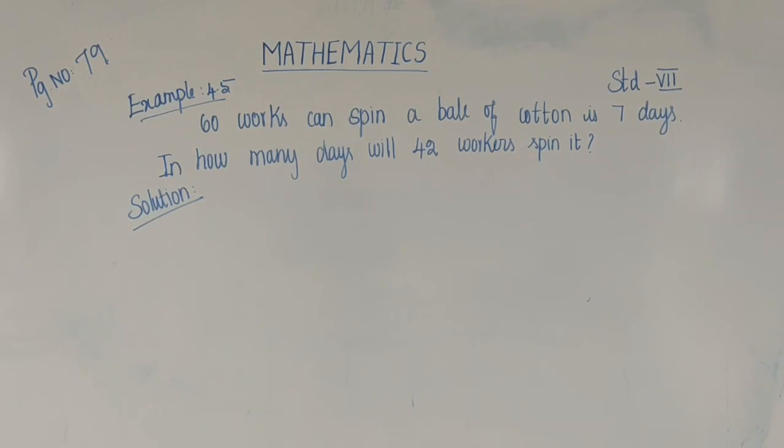Example 4.5: 60 workers can spin a bale of cotton in 7 days. In how many days will 42 workers spin it? Okay students, what is given in this problem? 60 workers can spin a bale of cotton in 7 days.